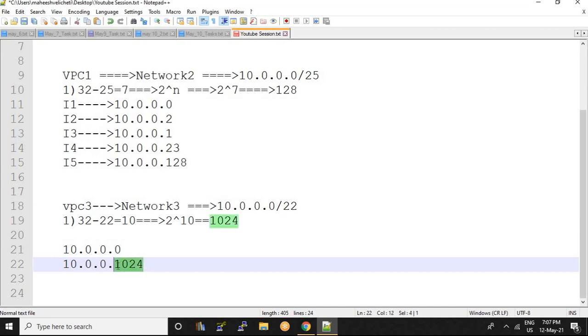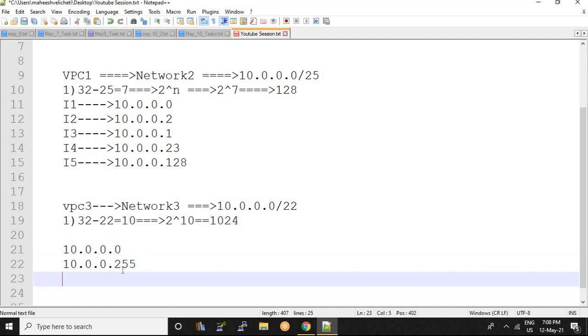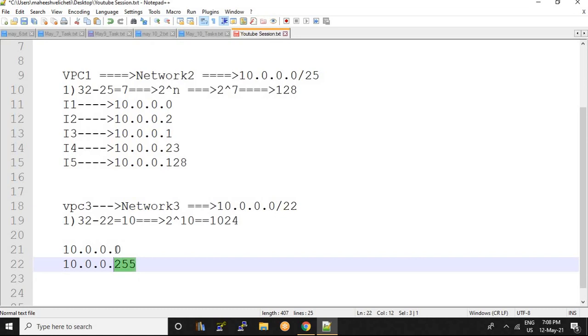Why? Because I told you each part starts with only 0 and each part ends with a value of 255. Okay. So it's crossing the limit of 255, right? So it is wrong. We have to assign 255 here. And the series is completed from 0 to 255.